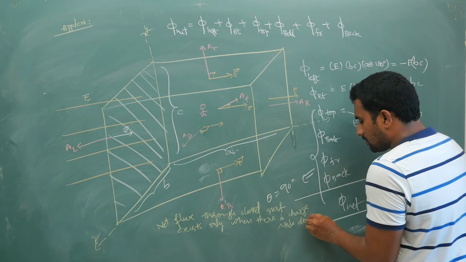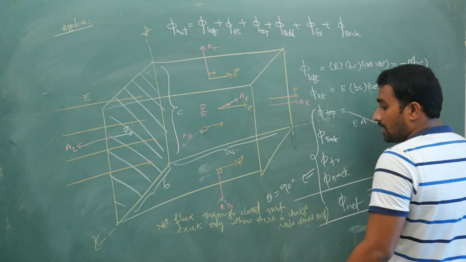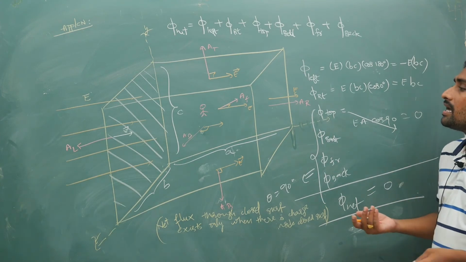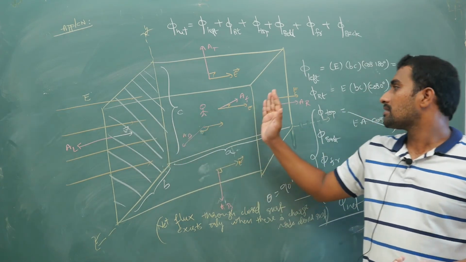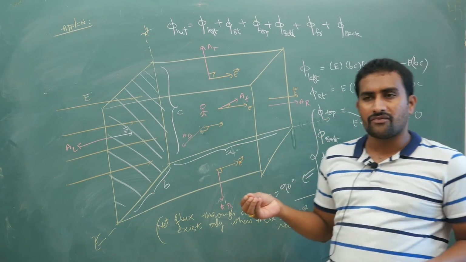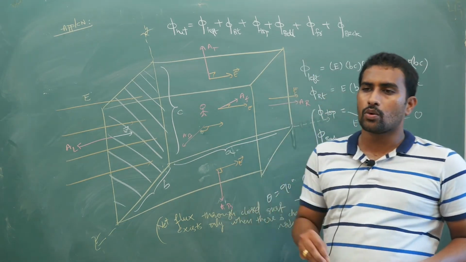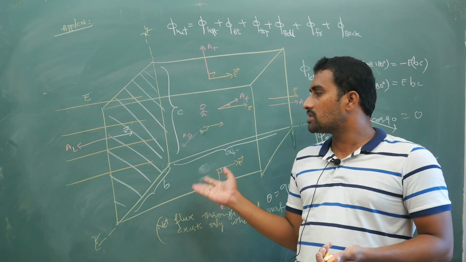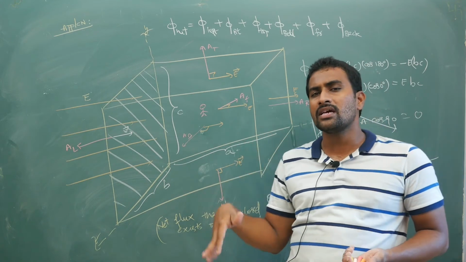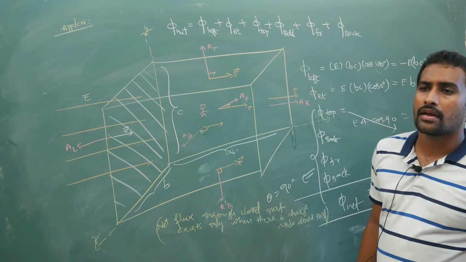Why? Because unless and until you have some charge, field lines will not come out. Here, as many field lines are entering, that many are going out. You will have net flux only when field lines only come out or only go inside the closed surface. But if as many field lines enter as are leaving, then there will be no flux at all. Getting my point?